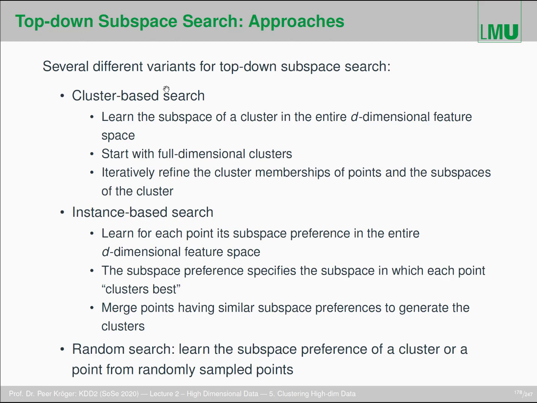So the top-down subspace clustering or top-down subspace search: there are different approaches to do that top-down, especially how to find the features that are relevant to some clusters. The first one is the so-called cluster-based search, where you try to learn the subspace of an entire cluster from the entire d-dimensional feature space by starting with the full dimensional clusters and then iteratively refining cluster memberships of points and subspaces of the cluster.